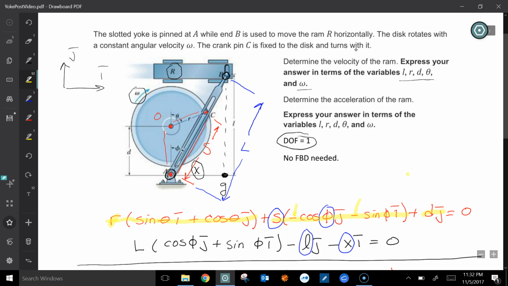The i's on the left-hand side equal to 0, and the j's on the left-hand side will all equal 0. So you're going to end up with 2 equations for 2 unknowns. So that means you can solve for the distance s, and you can also solve for the angle phi.